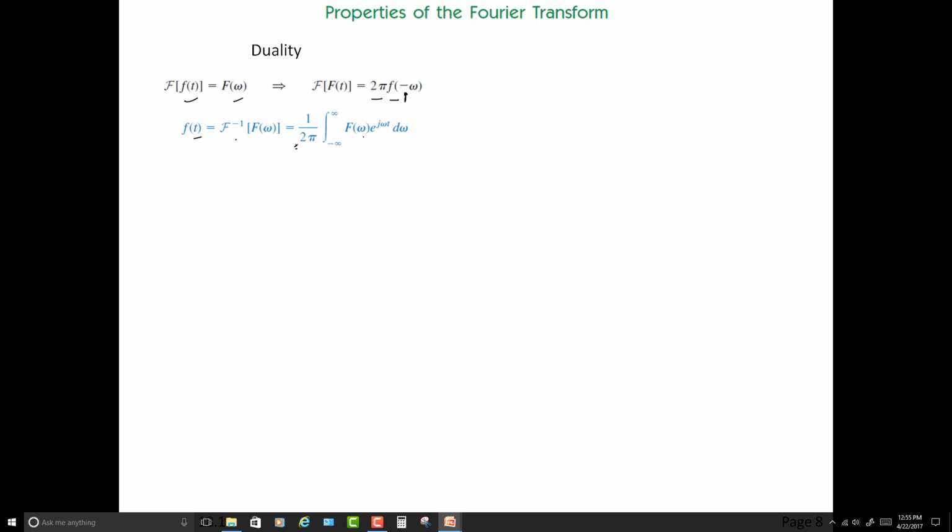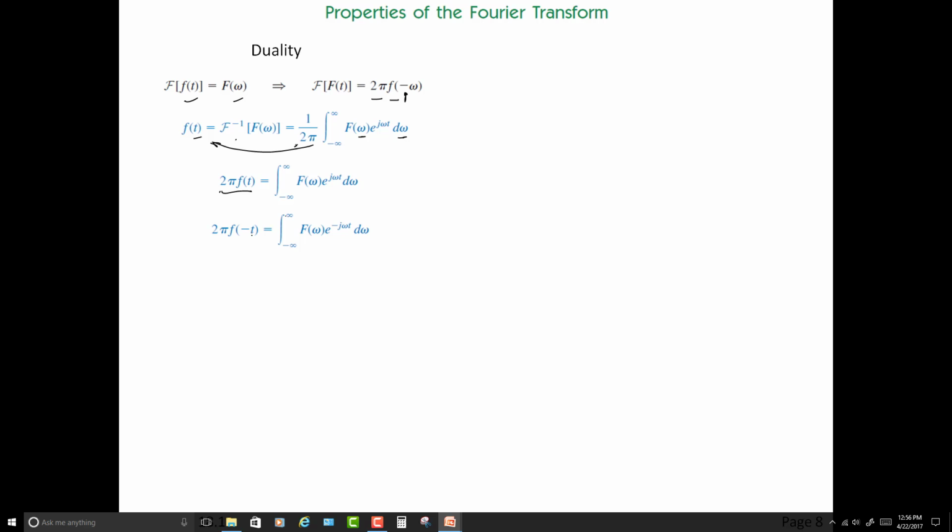So we're back to this, but now things are in terms of omega. All right, simple math. We're just cleaning up here. So 2 pi times the function of t, multiplying this over there. The integral remains the same, but now it's just the integral of the Fourier transform in the omega domain, e to the j omega t d omega. We're integrating over omega.